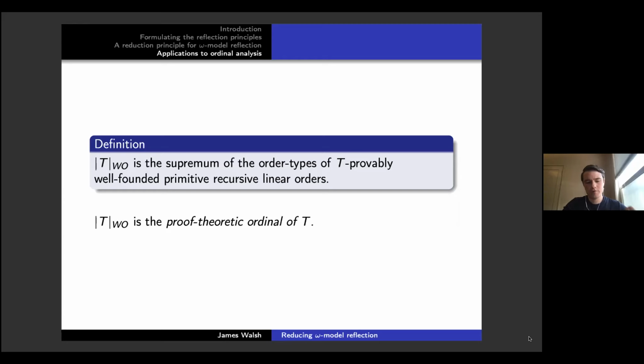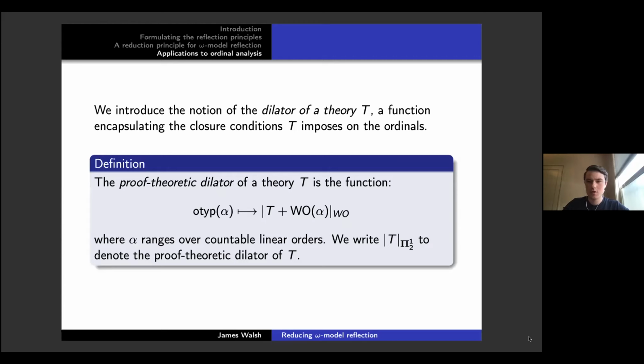So the proof-theoretic ordinal measures something about the Pi-1-1 theorems of the theory, but we want to get something that measures the Pi-1-2 strength of the theory. So we introduce the notion of the dilator of a theory. The dilator of a theory T is a function that, roughly speaking, encapsulates the closure conditions that T imposes on the ordinals.